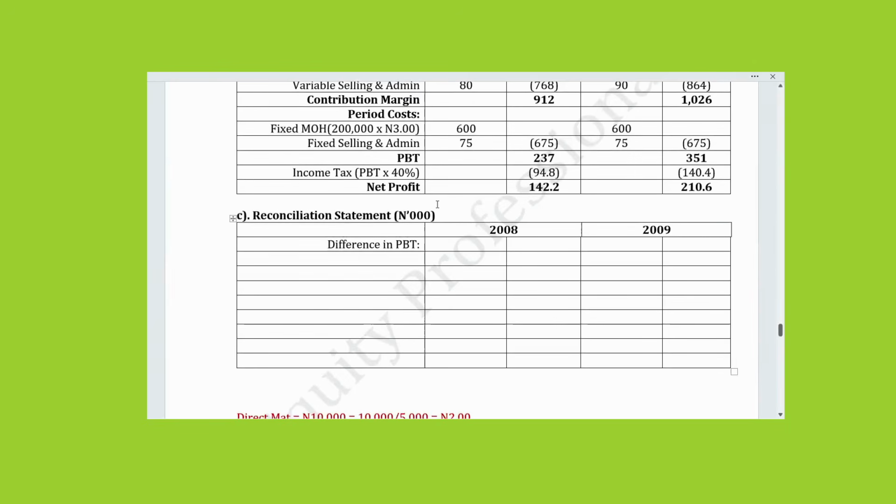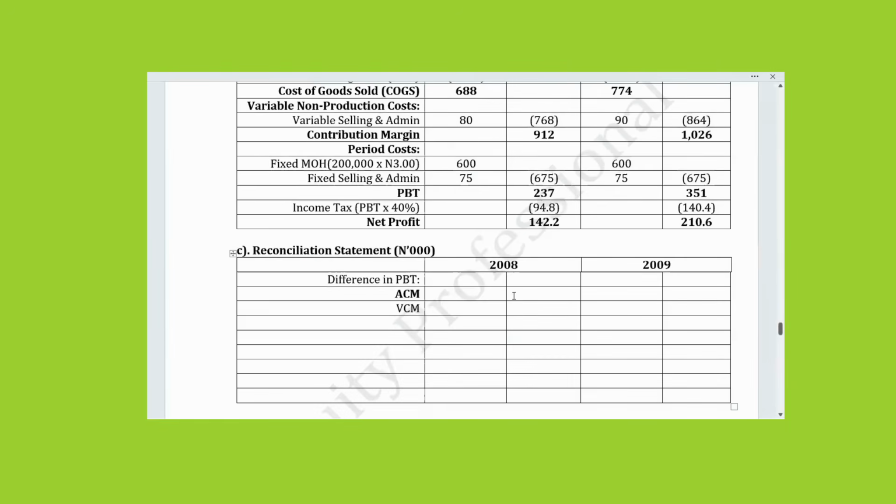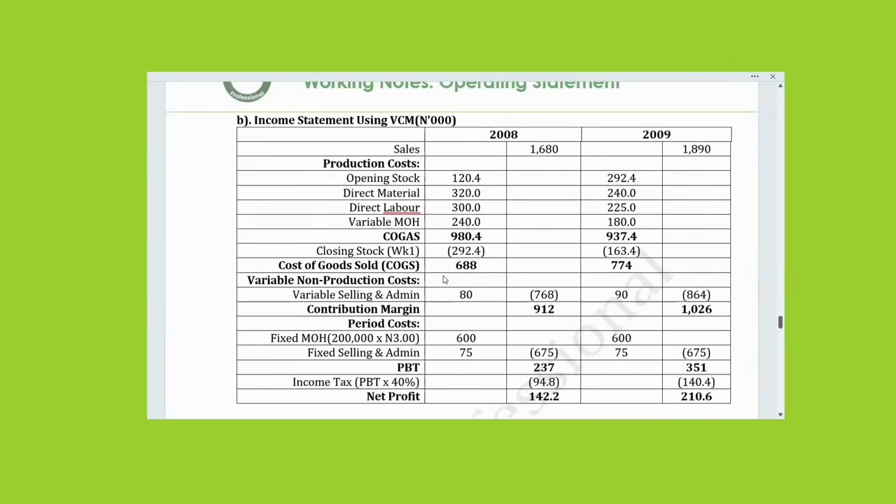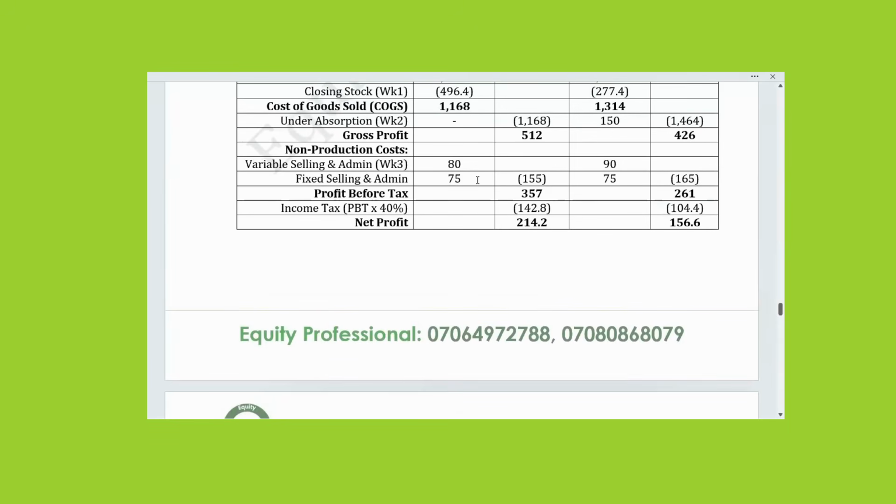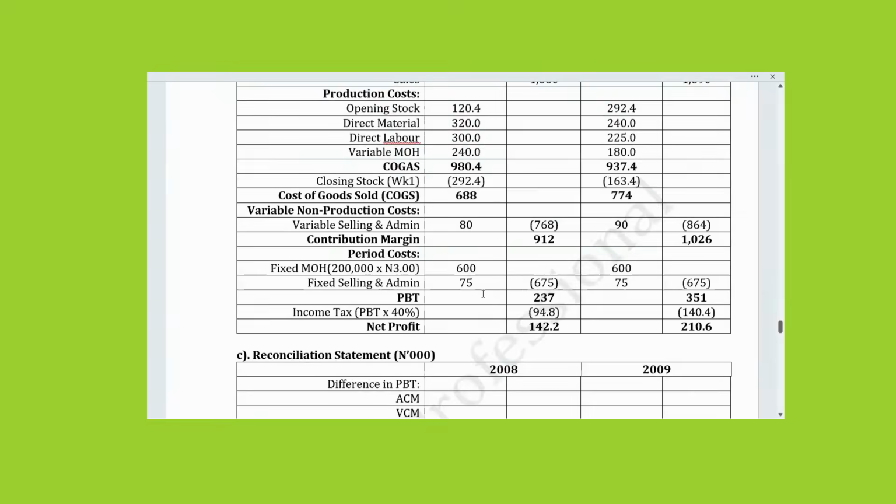So I will then go to the question. Under ACM, absorption costing method, then under variable costing method. In 2008, we calculated profit before tax under absorption costing method was 357.